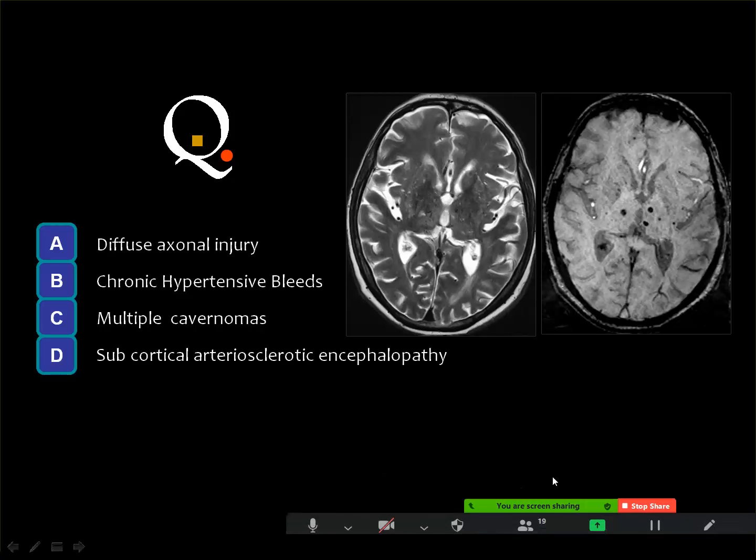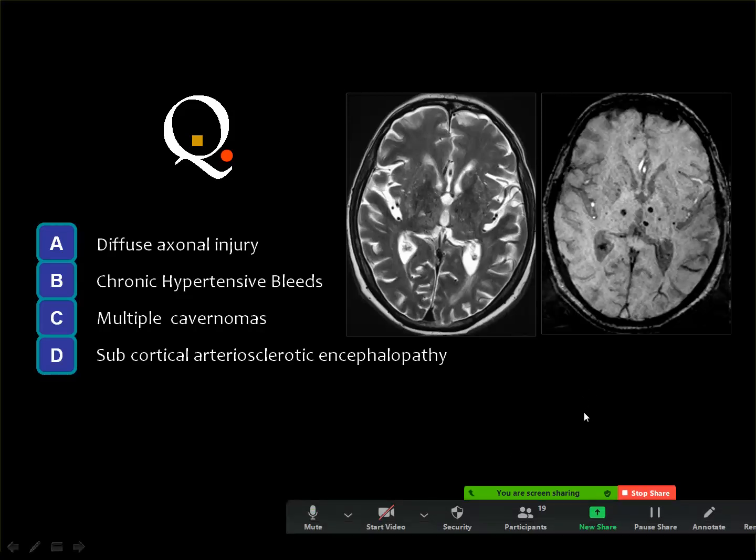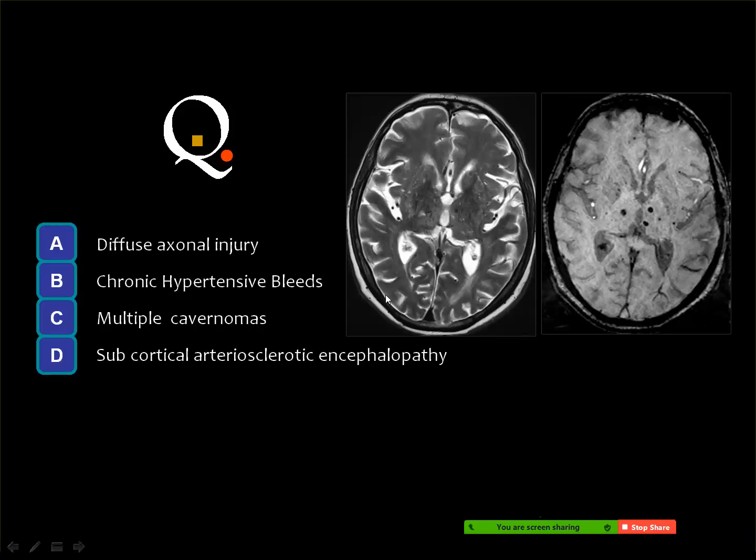But you know, from the recent lectures on bleeds, that patients with hypertensive encephalopathy may develop microbleeds, and that's why the gradient images or the susceptibility weighted images are essential in the protocol of examination of such cases.